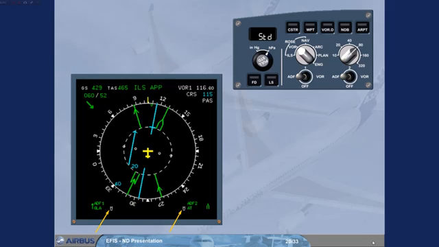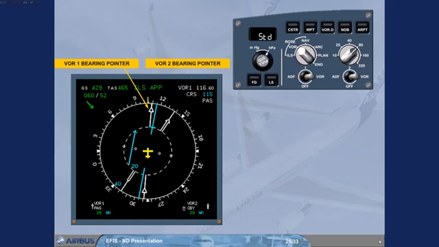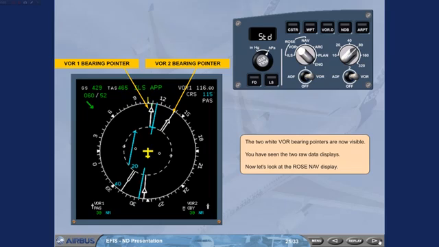To see the effects of the ADF VOR selectors, click on the forward arrow to select both VOR bearing pointers on. The two white VOR bearing pointers are now visible. You have seen the two raw data displays. Now let's look at the ROSE navigation display.